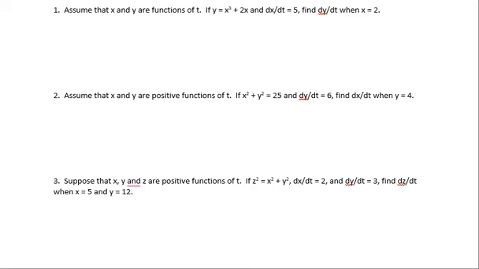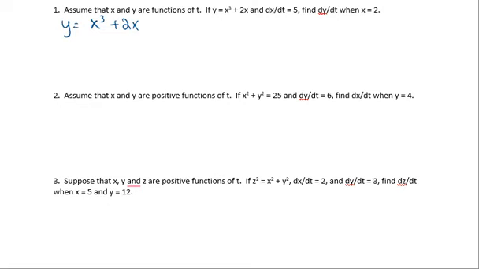So we start with our given equation, which is y equals x to the third plus 2x. Now for this one, we have our dx/dt and we have dy/dt. So that means when we take our derivative, instead of doing y prime like we would have done for implicit differentiation, we'll use our dx/dt and our dy/dt notation. I'll show you what I mean.